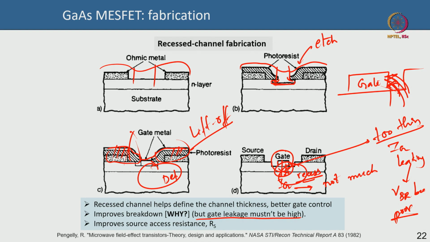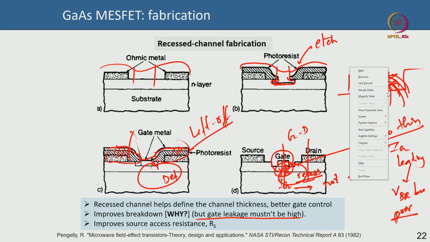You essentially modify or tailor the electric field profile in the gate drain access region. In this gate drain access region, a recess allows you to modify the electric field profile. In other words, the way the field lines terminate at the gate metal edge, this is the drain.